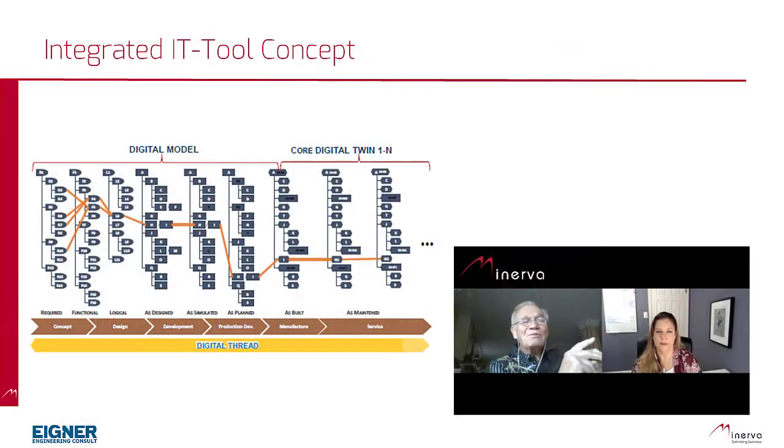The connection between different, along the product life cycle, you have requirements, you have function, you have logical breakdown, you have behavior, you have test cases. In the system architecture, you have stakeholders, then you have the mechanical BOM, the electronic BOM, the software trunks, and then you have to build a mechatronic bill of material.